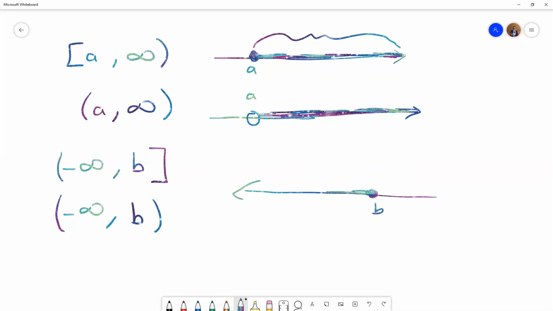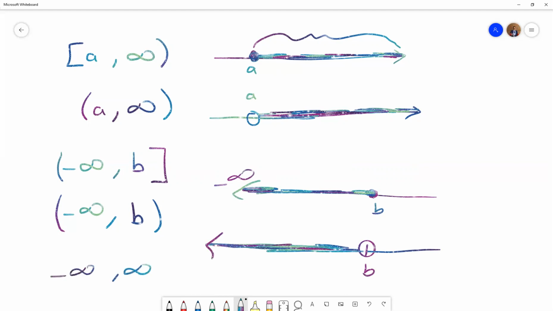Yes, it's full. So it goes to minus infinity, and it's not closed, it's open. And again, this last one, it's starting with B, but B is open because here we have this bracket. So it goes to minus infinity. Again, minus infinity and plus infinity are not elements of the real numbers. So we use open brackets here.